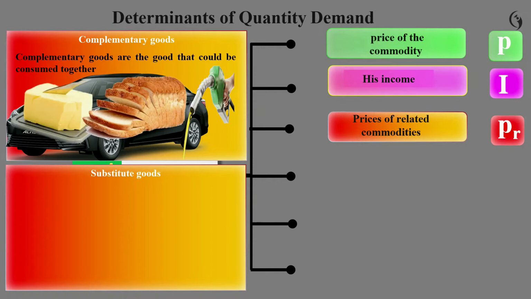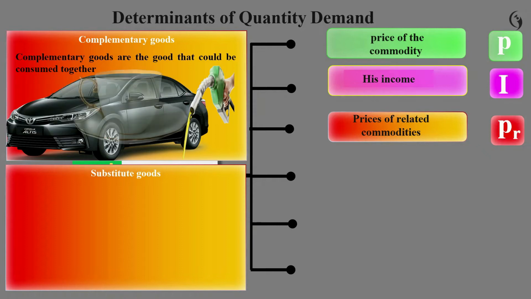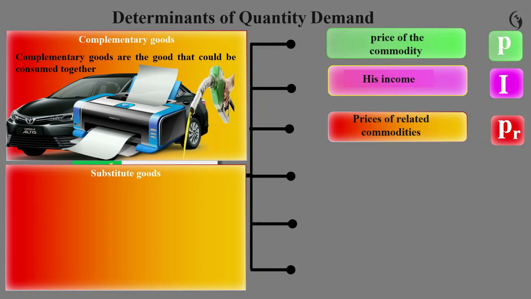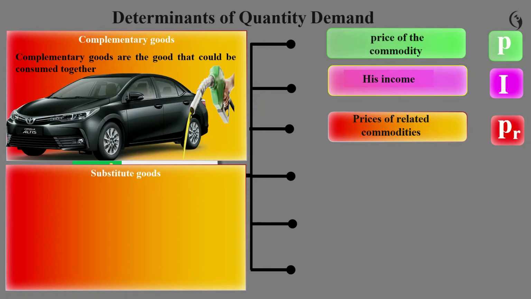The other example is bread and butter, which are most frequently used together, so they are considered complementary goods. Another example is cup and saucer, which are used together. And another example is printer and paper. So we can conclude that both goods are used together.